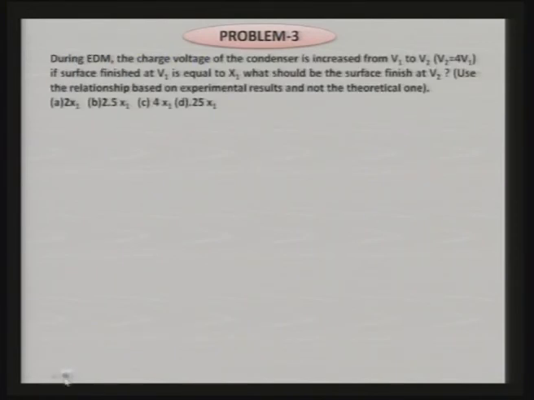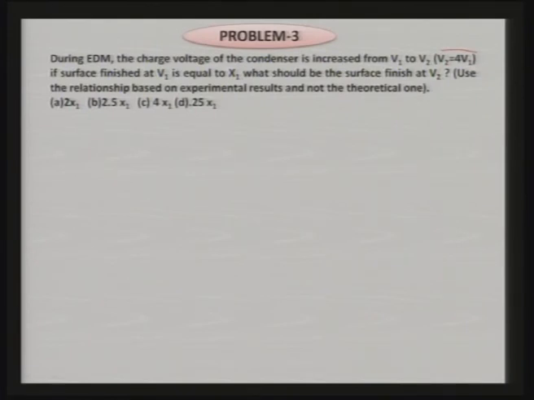Let us take the next problem, that is problem 3. During EDM the charge voltage of the condenser is increased, V1 is equal to x1 micrometer. What should be the surface finish at V2, and V2 is already given here is equal to 4 V1.